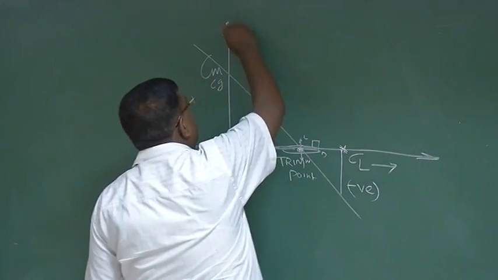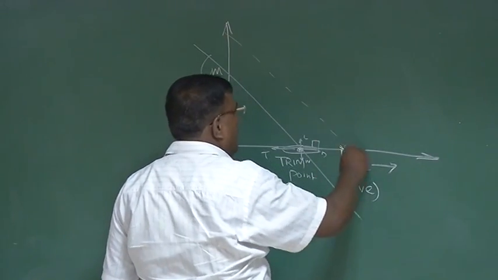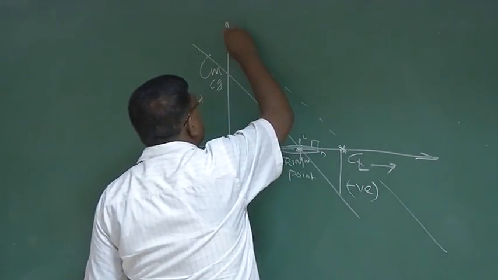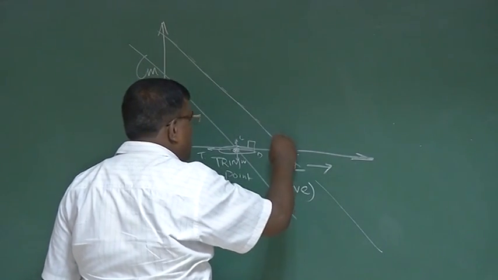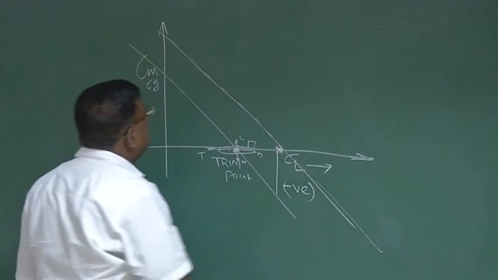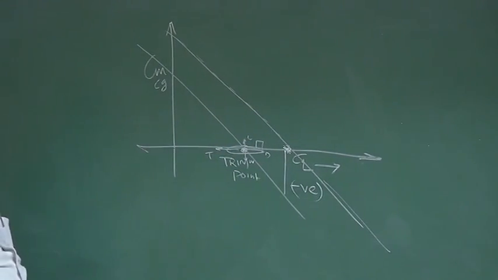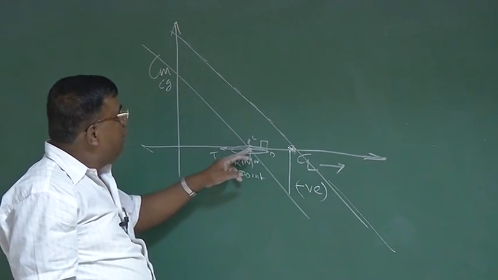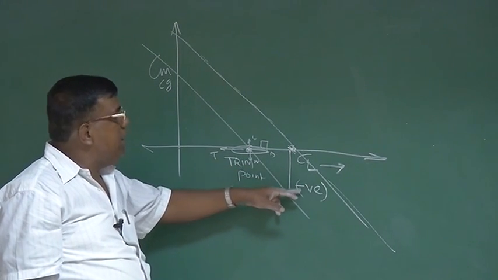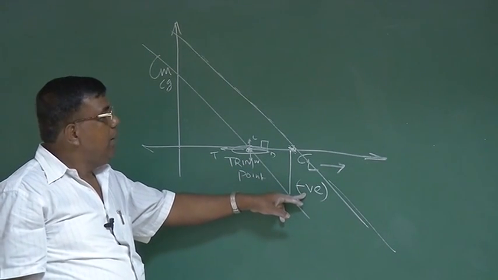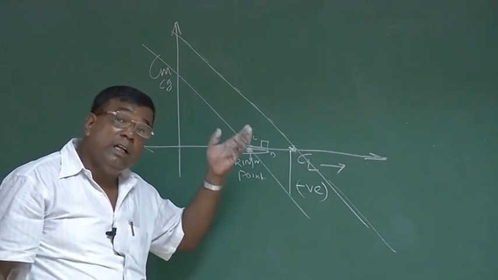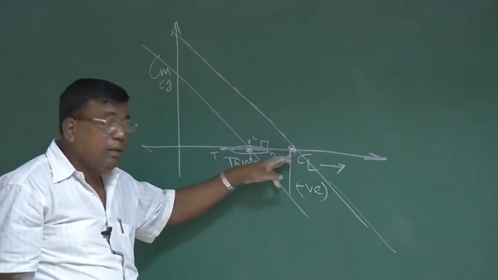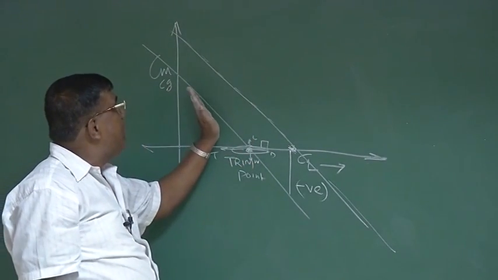Graphically, you want something like this. Your graph Cm versus Cl should look like this. Now, this point is a trim point, but what is happening? The moment I try to go there, it generates a negative moment. You have to counter the negative moment so that it stays here. Graphically, I have to shift this graph from here to here.